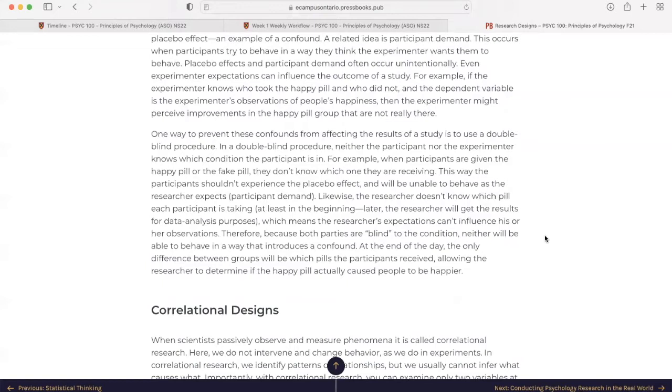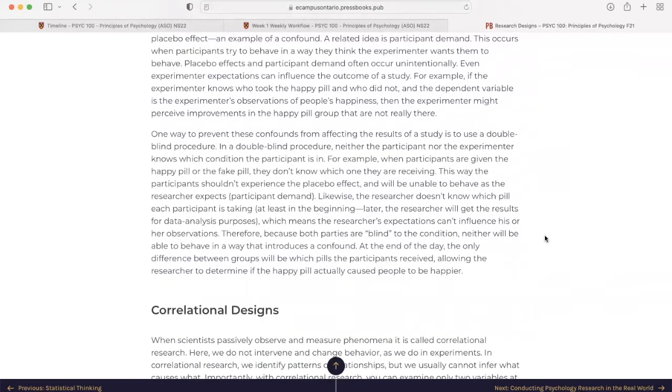For example, when participants are given the happy pill or the fake pill, they don't know which one they are receiving. This way, the participant shouldn't experience the placebo effect and will not be able to behave as the researcher expects. Participant demand. Likewise, the researcher doesn't know which pill each participant is taking, at least in the beginning.